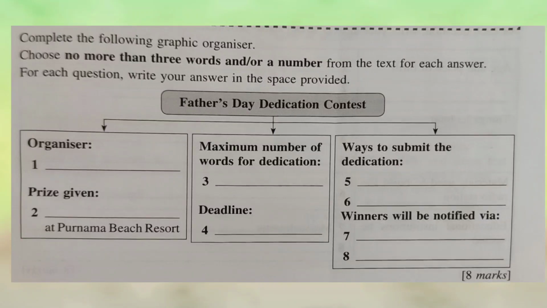Ways to submit the dedication. So it's the method. And winners will be notified via means by. Okay, so there are totally 8 questions for this practice information transfer. Okay, so the next technique is to look at the text and read the text slowly.